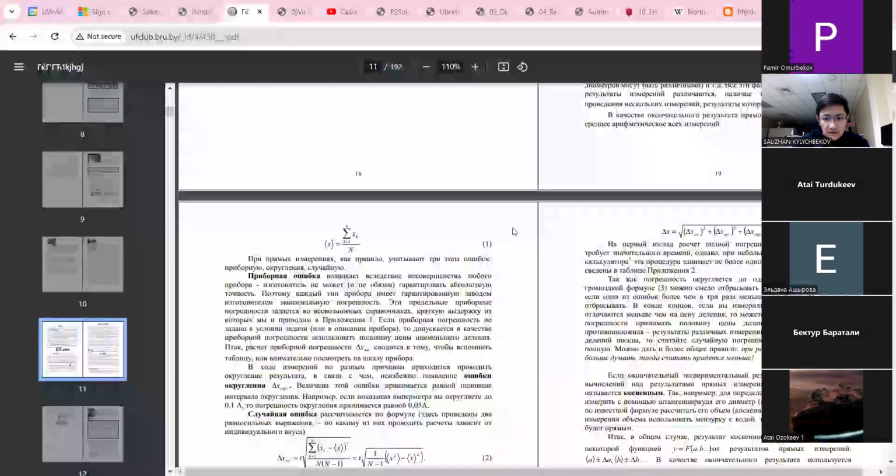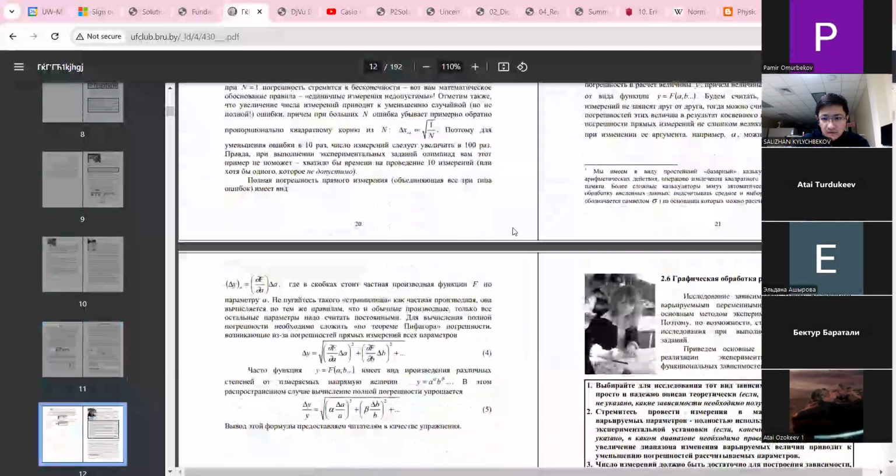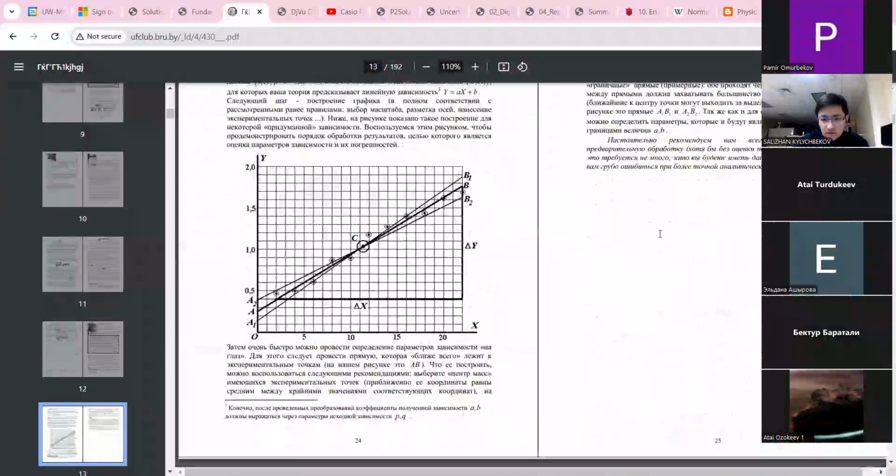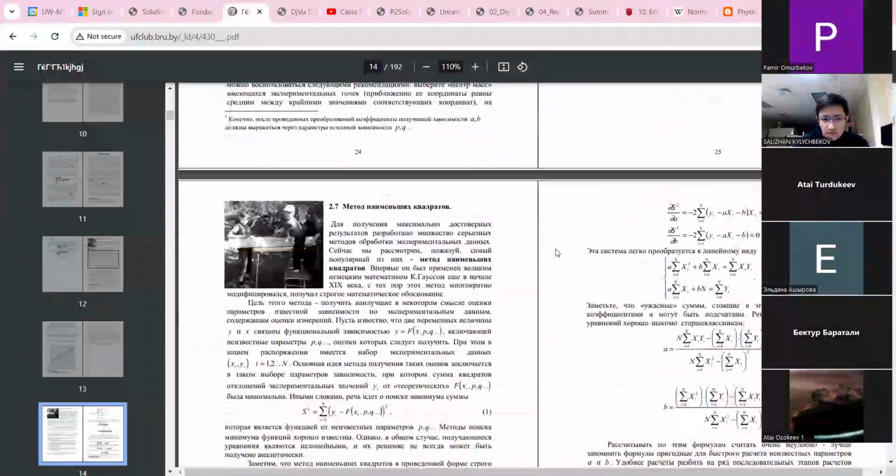метод наименьших квадратов деген. Метод наименьших квадратов бул there are different statistical approaches how you can extract maximum information from your results, да?